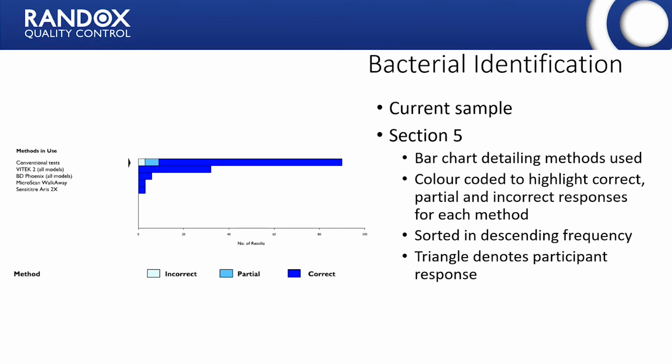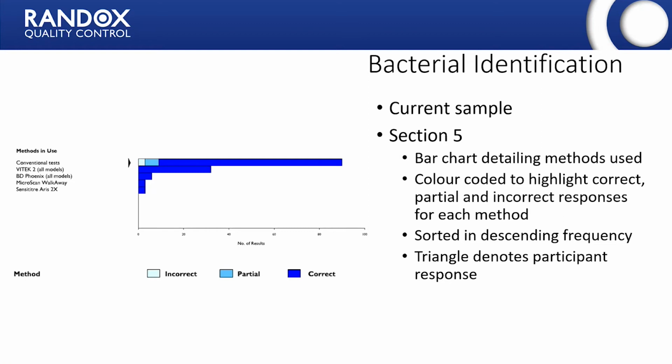So initially, this is based on the information that we had from the pilot study that we ran. So we won't have a full list of methods, and as you can see, we've introduced some, like the Vitek 2, all the models, and the Becton Dickinson Phoenix. We have all the models grouped together.